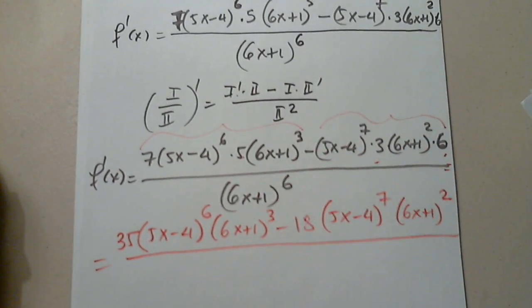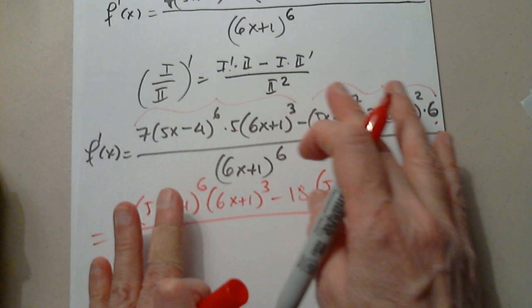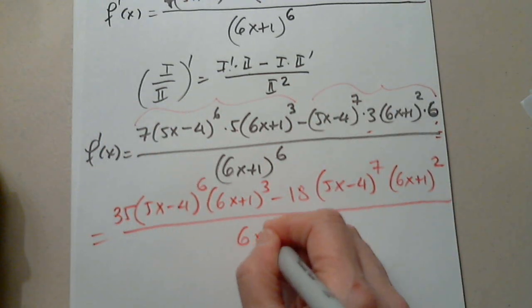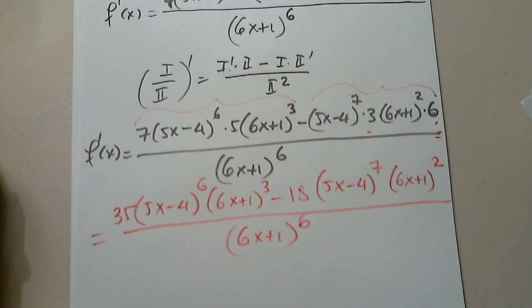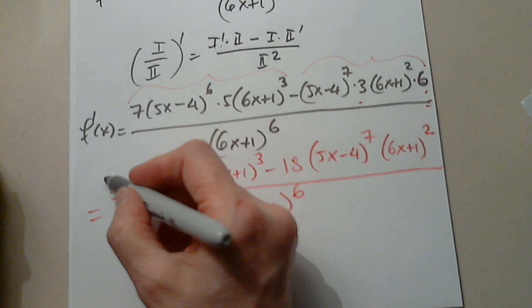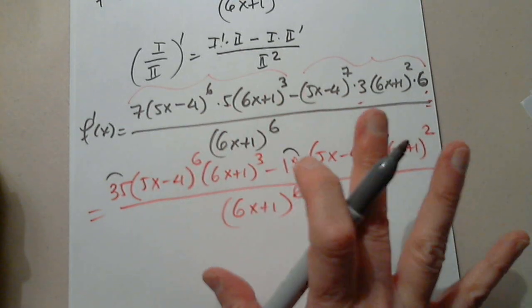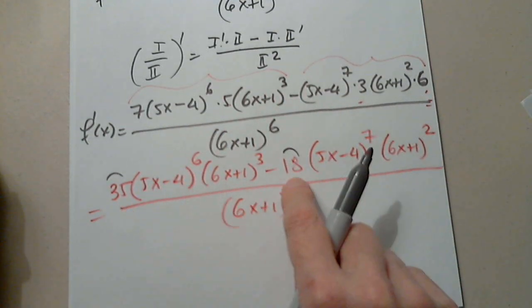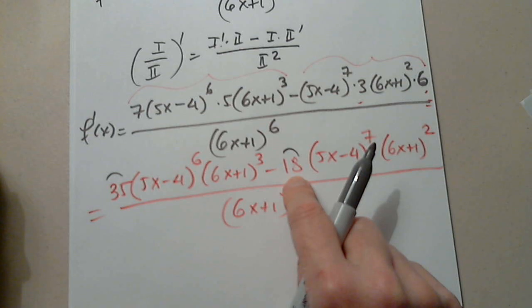Everything over this. Do not try to simplify the denominator. That will be a terrible mistake. Please do not attempt anything that we did not do here. Okay, so like before, I'm looking at 35 and 18, nothing in common. This is 5 times 7, and this is 2 times 3 times 3.